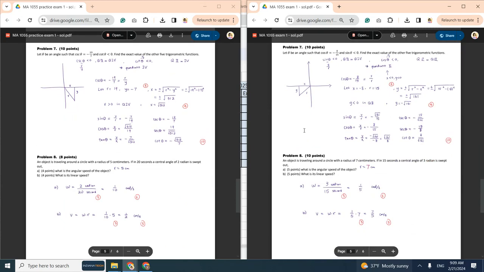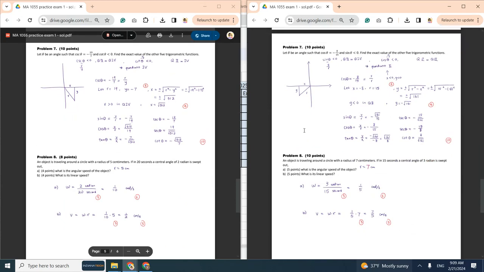Okay, so this problem, in the practice problem, I ask you cosecant. In the actual exam problem, I give you cosine. But for this type of problem, I can give you any trig function. You just remember, be familiar with all the trig functions in terms of x, y, and r.